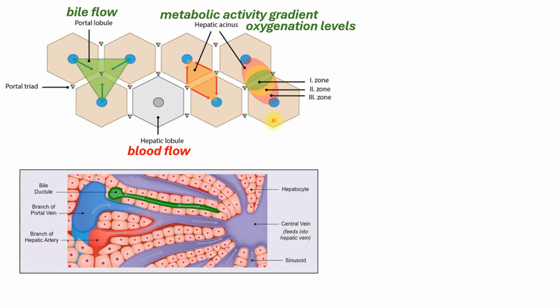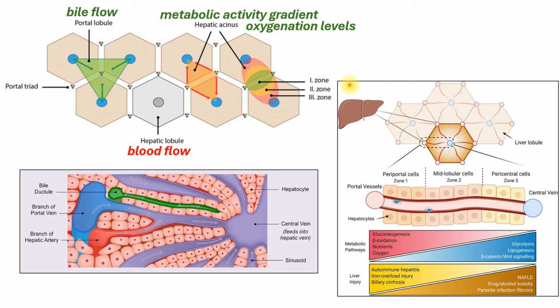And then for the hepatic acinus, as I said, there are different zones because here you can see the portal vessels and then the central vein. So it depends on what activity or oxygenation level you are trying to analyze, no?